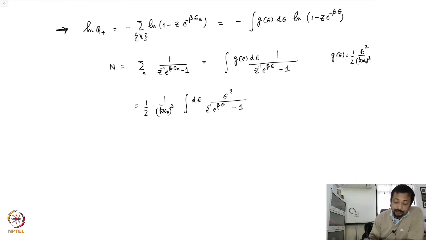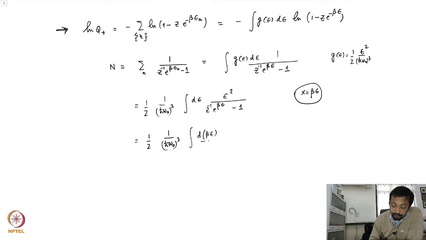This integral, now I can substitute x is equal to beta epsilon, and if x is equal to beta epsilon, you see this means that I have 1 over (h bar omega naught) whole cube integration d(beta epsilon) divided by beta, and I have (beta epsilon) whole square over z inverse e to the power beta epsilon minus 1 divided by beta square, so that the expression takes a nice form.